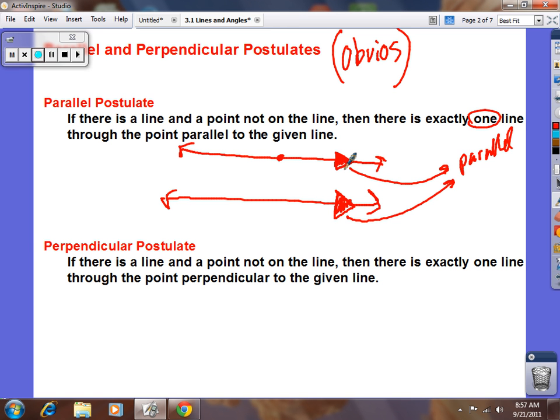Last thing, let's call this line A and let's call this line B. So I want to write shorthand for line A is parallel to line B. Here's how we do it. There's your line. So we can go line A parallel to line B. These two vertical bars, that's your shorthand for parallel.